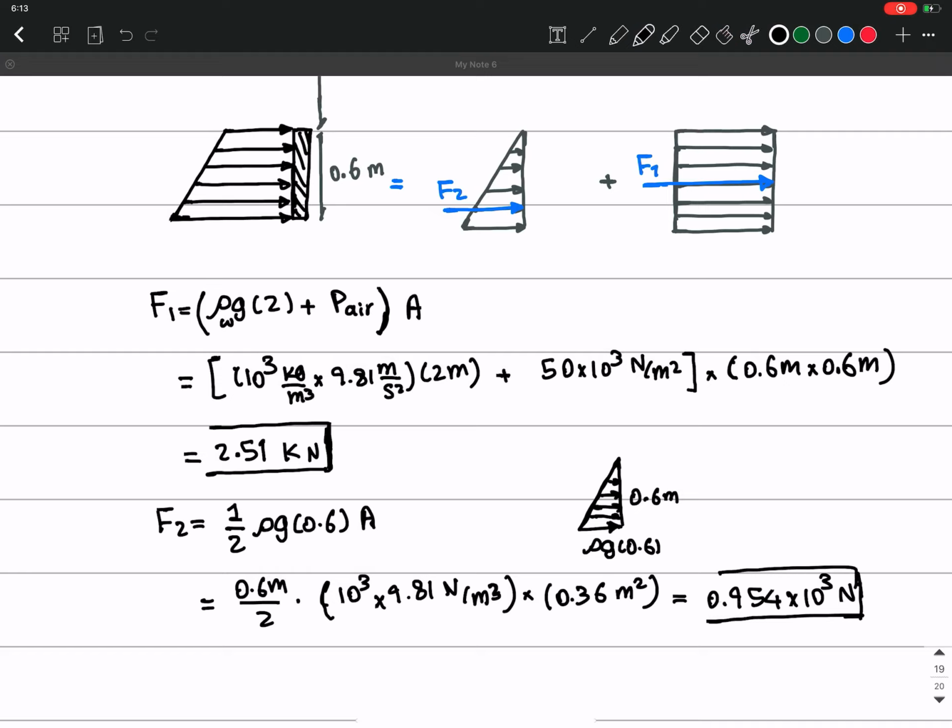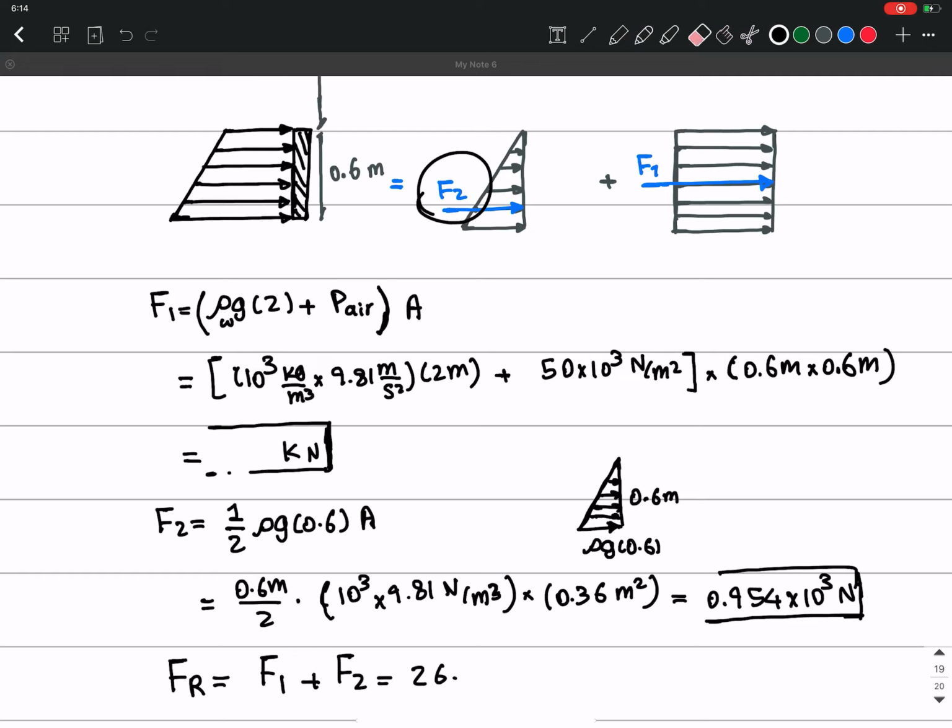Okay, so we have the value of F2 and F1, and the value of their total resultant force is going to be the sum of these two, F2 plus F1, right, on this plane. So I just write it down. The magnitude of the resultant force is going to be F1 plus F2, which is going to be 26... I think I wrote it down wrong here.